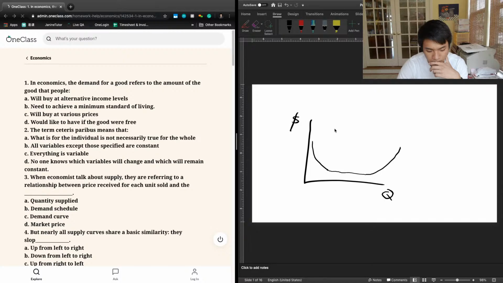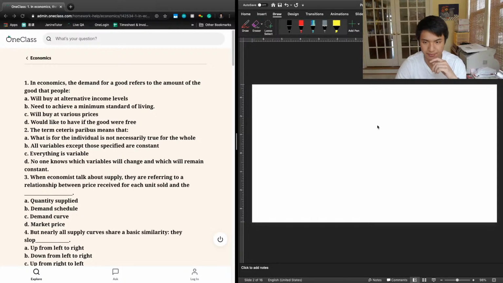Okay, let's take a look at these questions then. This question says that 1, in economics, the demand for a good refers to the amount of the good that people A will buy at alternative income levels, B need to achieve a minimum standard of living, C will buy at various prices, or D would like to have the good for free.